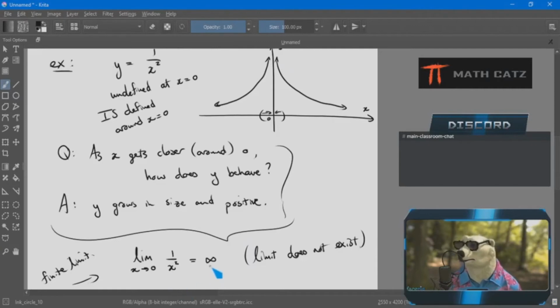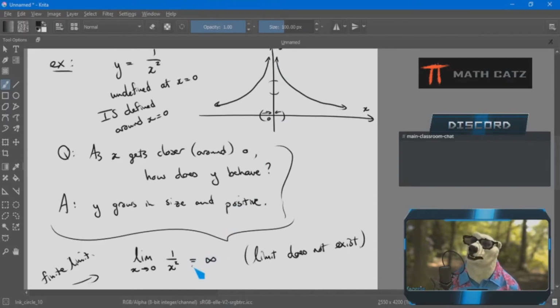If I get a number here, that means the y value can be contained within a small range, and that range gets smaller as I get closer to my desired x value. It sort of stabilizes closer towards a specific number. Great, limit exists. But sometimes there's unbounded growth behavior. I can still indicate that, and we've discussed this yesterday.